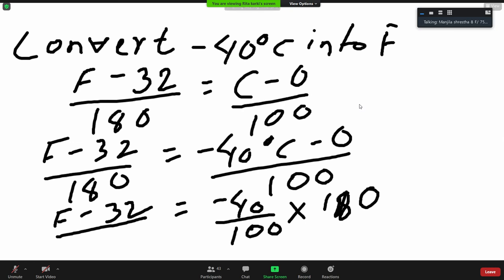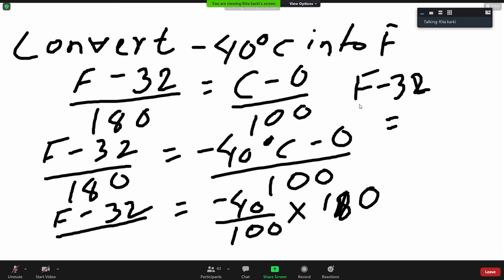Okay, so after this, what do we need to do? F minus 32 is equal to 40 into 180.